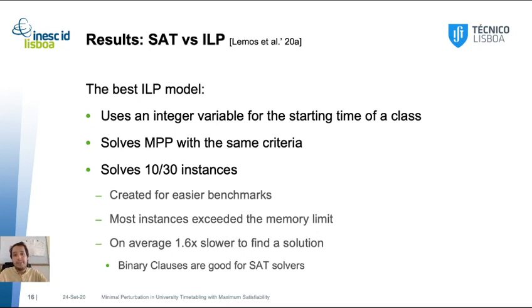Interestingly enough, most instances exceed the memory limit, and those that don't exceed the memory limit are 1.6 times slower to find a solution than the MaxSAT solver. This can be probably explained by the fact that binary clauses are really optimized for SAT solvers and not so much for integer programming solvers.